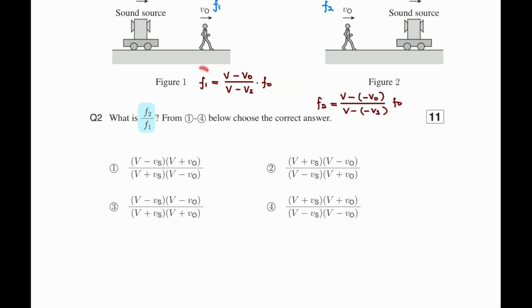This is the observed frequency for figure 1, and this is the observed frequency for figure 2. And then if I want to find F2 over F1, if you look at these two expressions, I think you can find it by yourself.